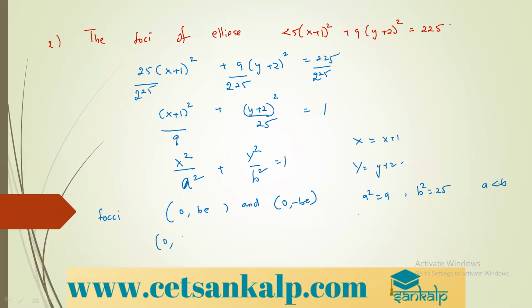So I have to find e. To find e, what is the formula you have learned? A square equal to b square into 1 minus e square. A square is 9, b square is 25, 1 minus e square. So e square will be 1 minus 9 by 25. Am I clear?